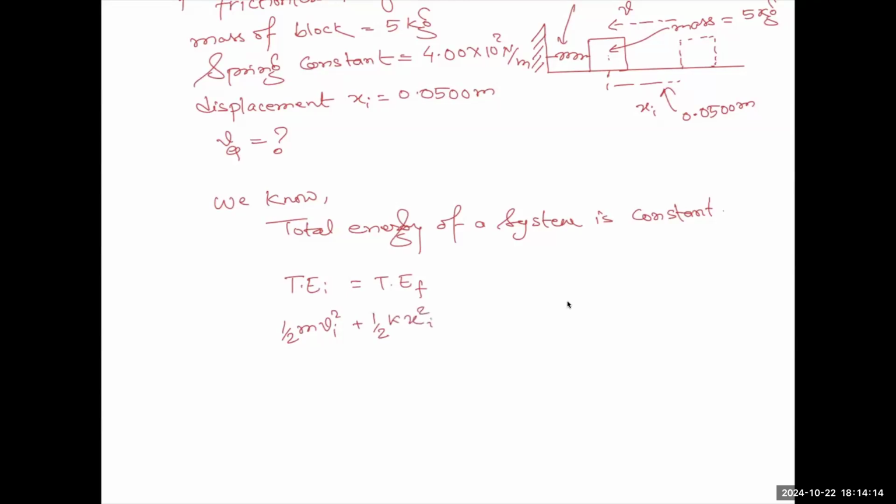So let's say xi, right? And this must be equal to half m vf squared plus half k xf squared. So what is my final position?